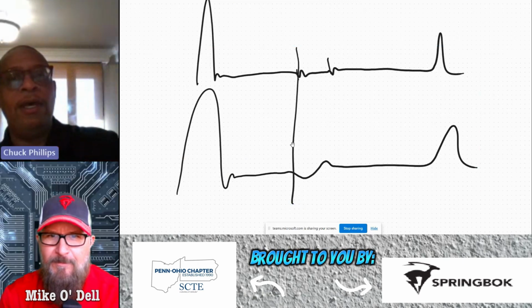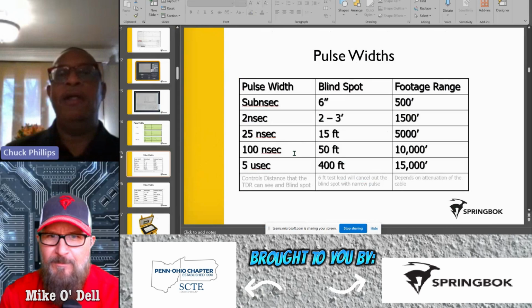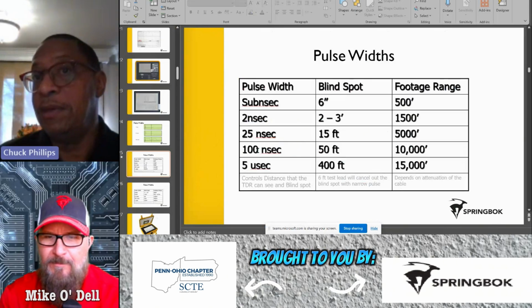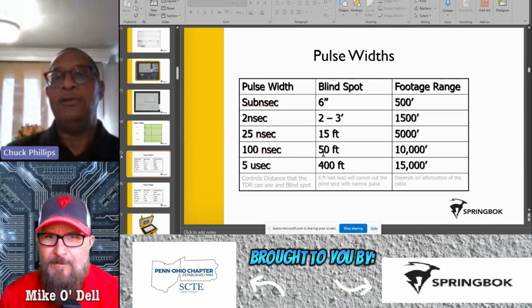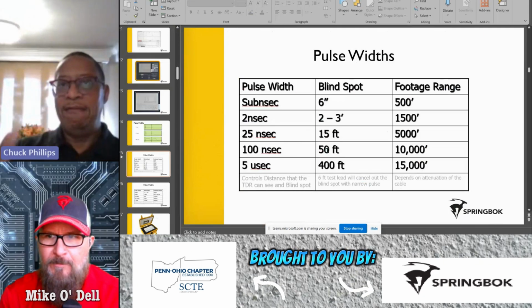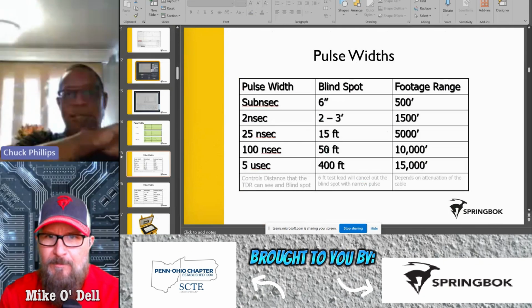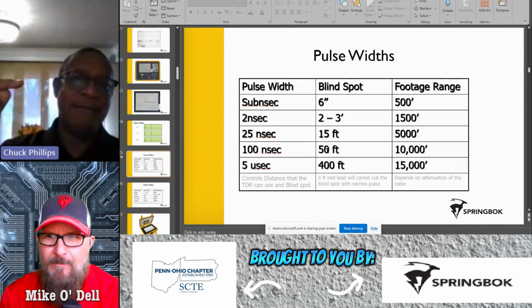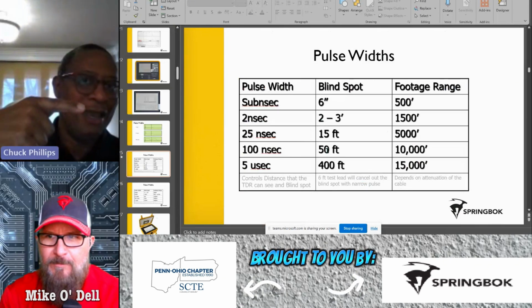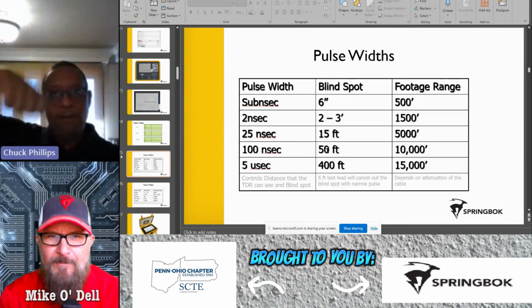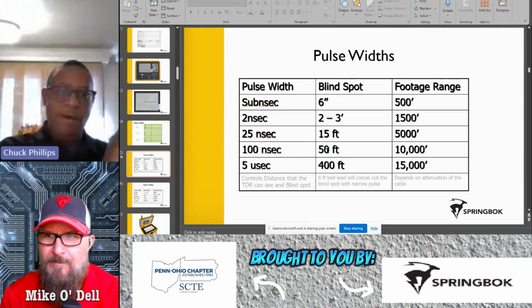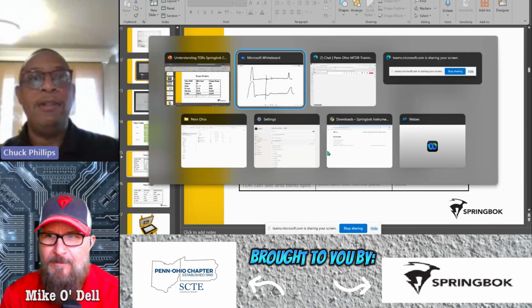Why? Well, I'm going to tell you why. Because you did not know that your TDR was in, let's say, 100 nanosecond pulse width. So in addition to the blind spot issue that we have at the very beginning of your TDR, that blind spot is going to be similar as it travels down the cable. So picture my rope analogy, this 50-foot wave that's traveling down your cable.